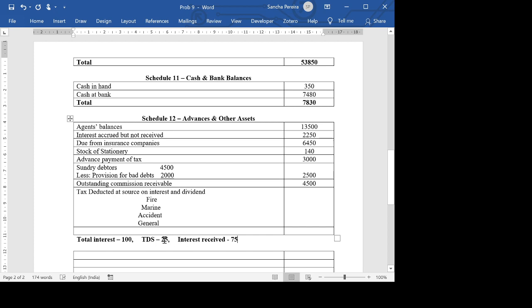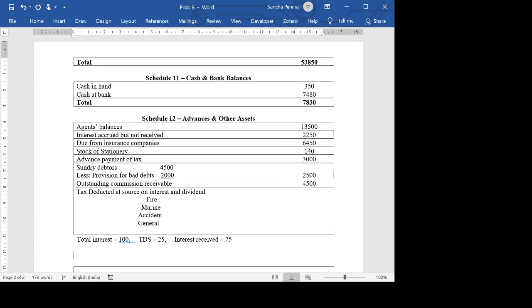So we need to calculate what is 25% of that. In the case of fire, the amount that is given to us is 2340.